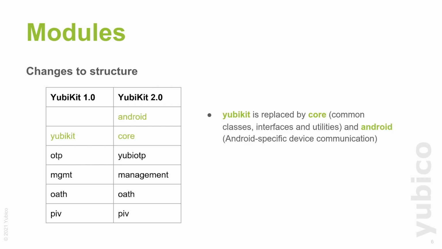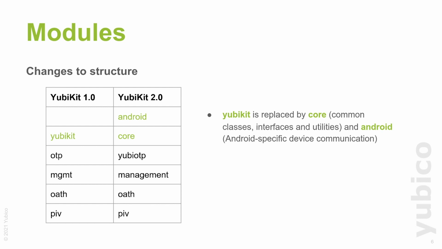First up there, we have the YubiKit module that we had in 1.0 that used to sit at the center of everything. It contained common classes that were used by the other modules, as well as the Android-specific low-level device communication code. So we've taken this module and we split it up into two. There's the core module, which has the common classes and interfaces that are used throughout the SDK by the other modules.